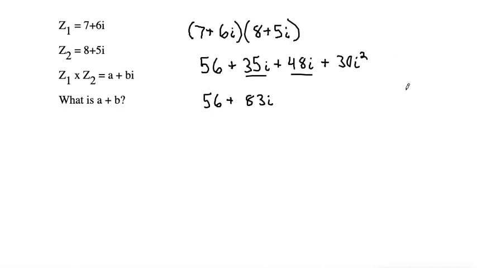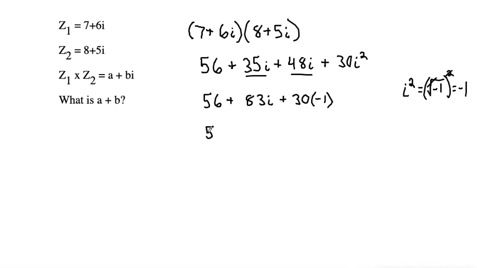And i squared, keep in mind that i is equal to the square root of -1. So if we are squaring the square root of -1, the square cancels out that square root and leaves us just with -1. So we can replace i squared with -1, plus 30 times -1.